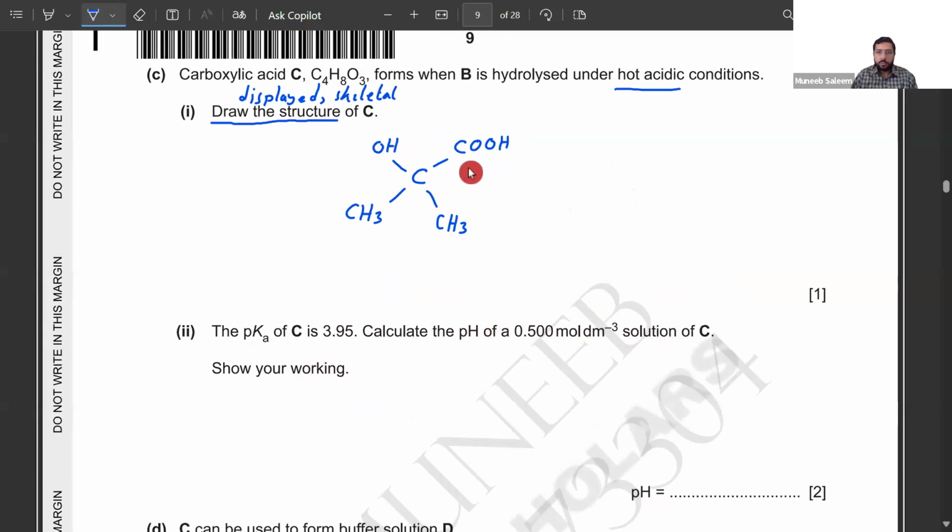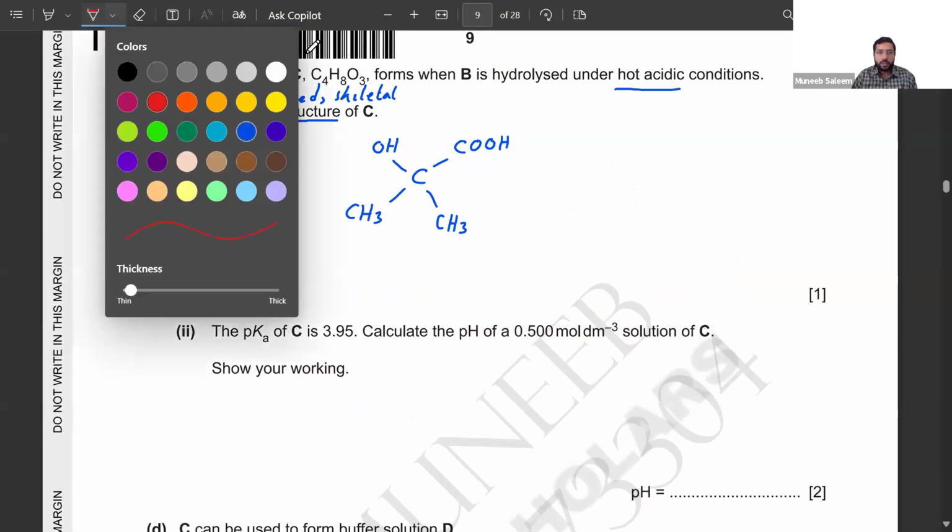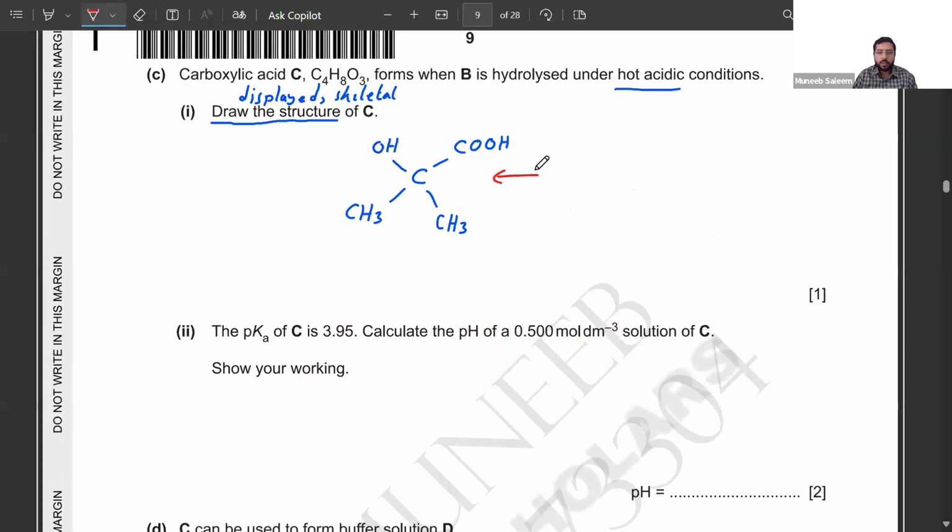The solution C is basically the carboxylic acid. You can see here, this is the carboxylic acid. In fact, it contains both the alcohol as well as the carboxylic group. Both functional groups are there. But the reference is to the pKa, which means they are referring to the acid nature of this compound. So we are supposed to find the pH.